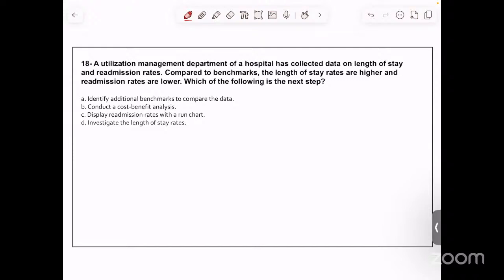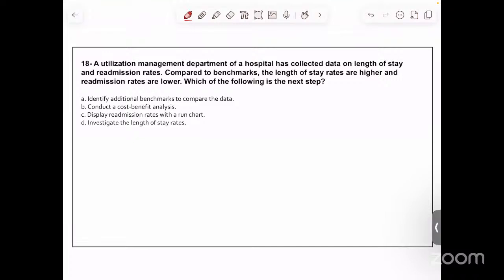A utilization management department of a hospital has already collected the length of stay and the readmission rates, compared to benchmarks. The length of stay rates are higher and readmission rates are lower. So which of the following is the next step?